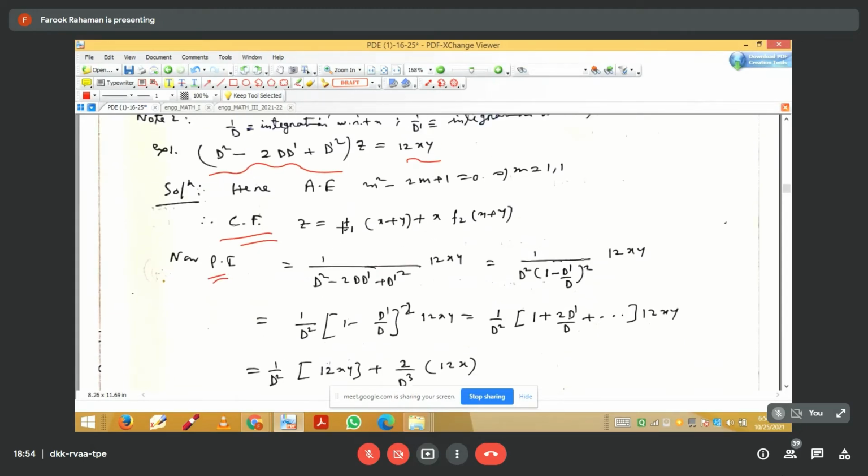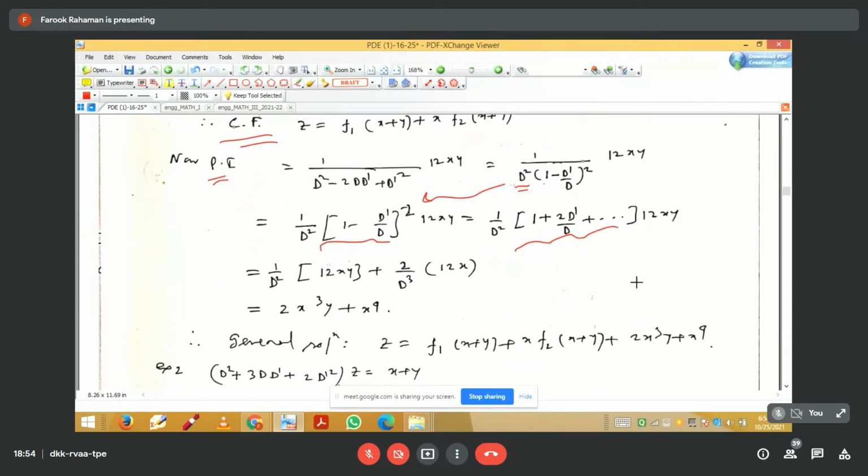So z equal to 1 by (d square plus 2 d dash d square), we just take d square common. That means this can be written as 1 by d square times a bracket in d dash by d, and now expand this up to 2 or 3 terms.